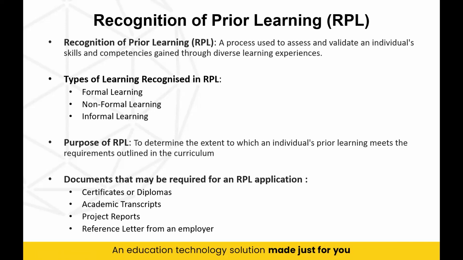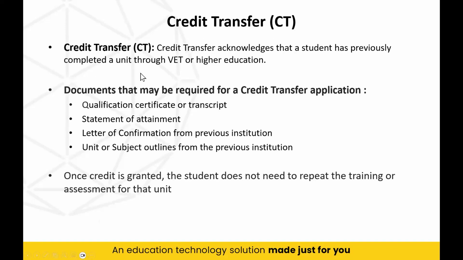Next, credit transfer. This is for a student who has previously completed, maybe a VET course somewhere, so they have already acquired closely related knowledge and competency for a specific subject. Now that they have come over to do higher education, they can bring that knowledge across.